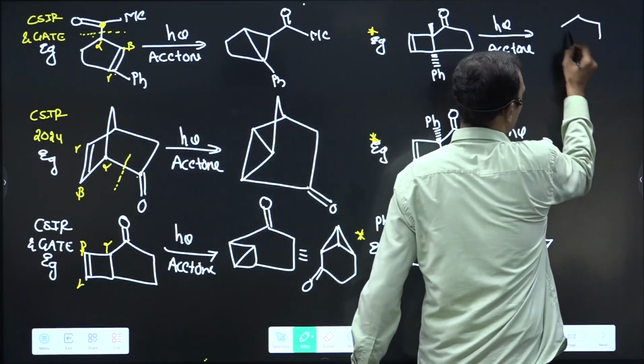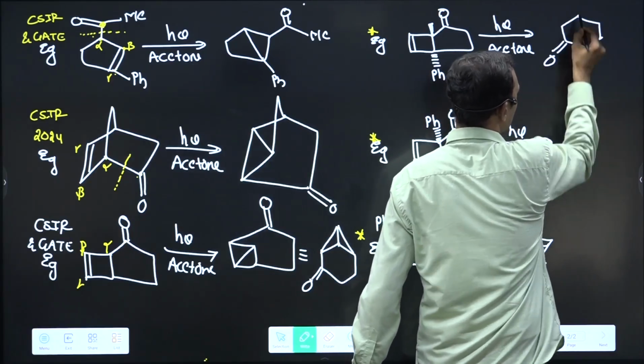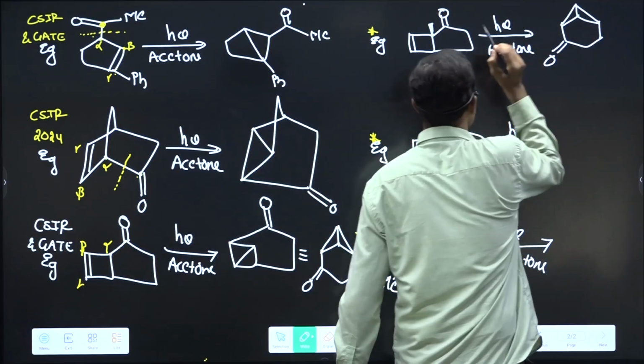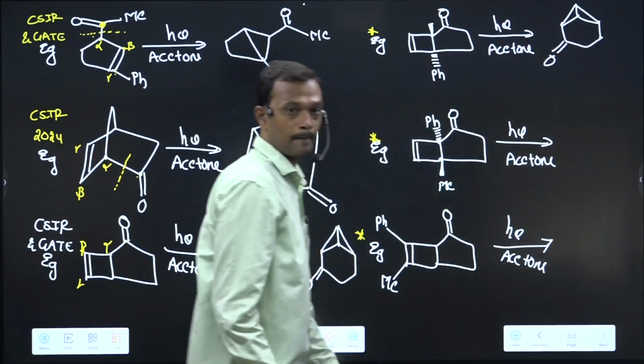First you write the 6-membered ring, then you write the carbonyl here, then you write like this. Then where should I write methyl and phenyl? That is the question.